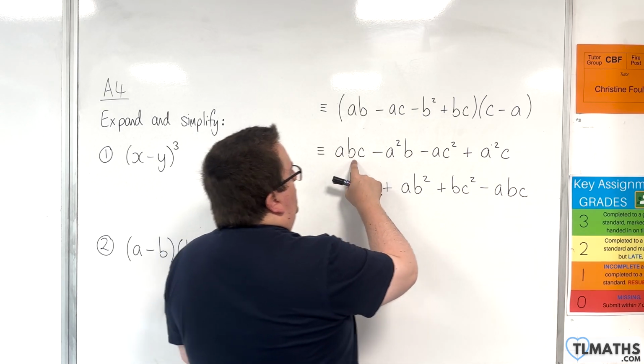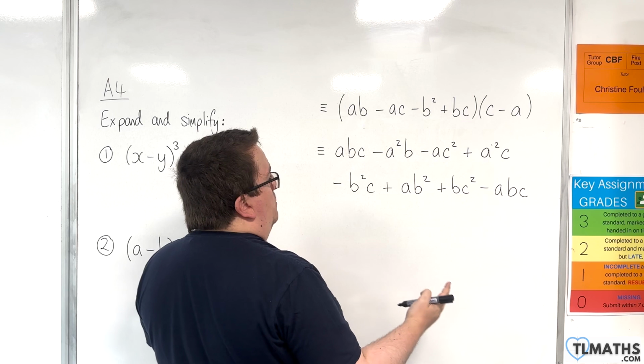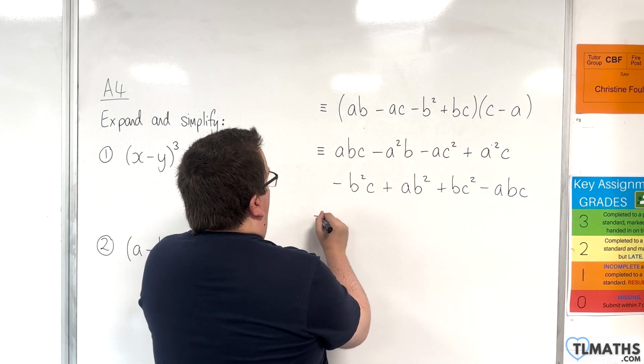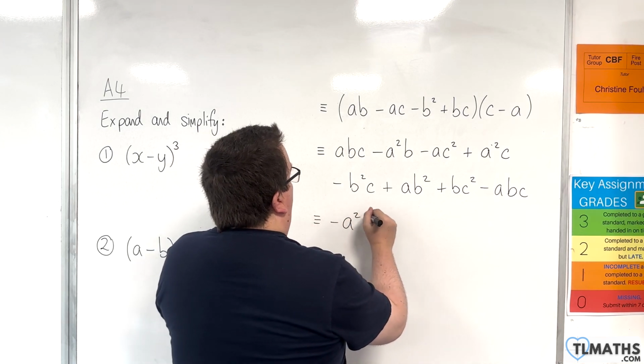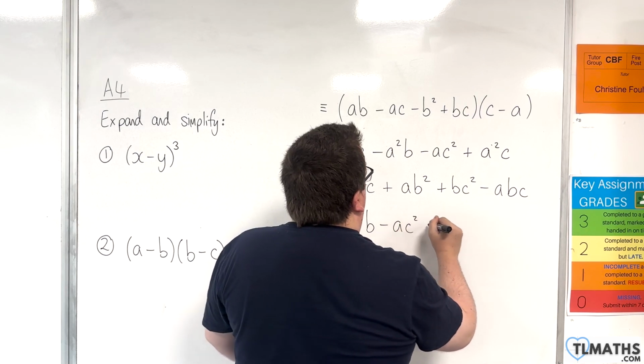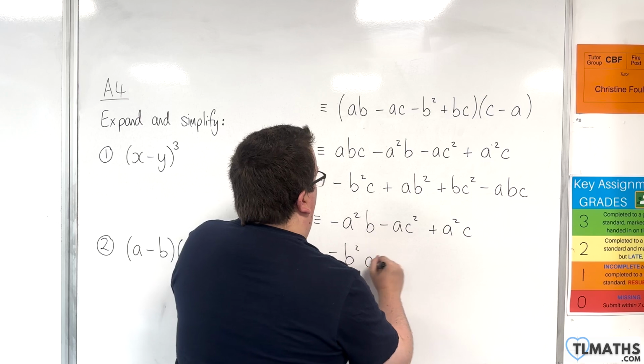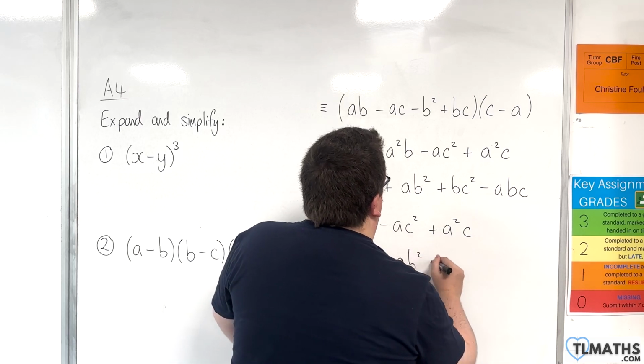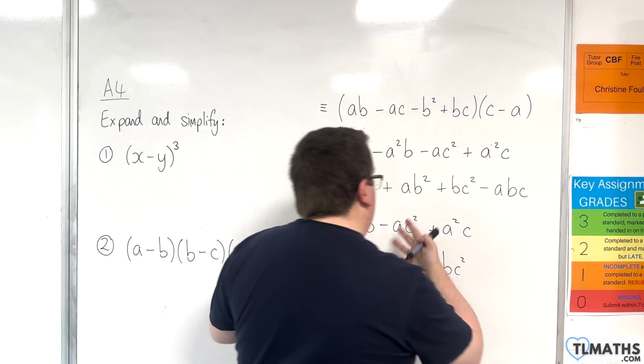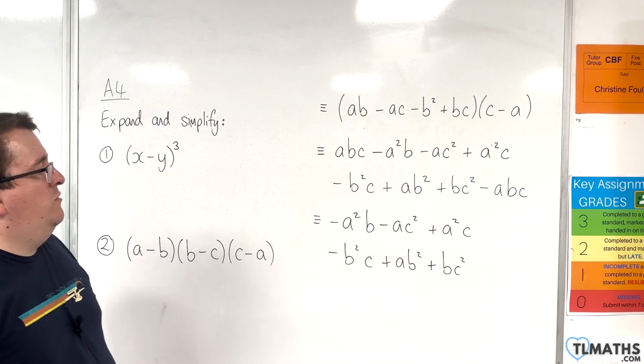So the only two are the abc and the minus abc, so they cancel each other out. So we've got minus a squared b minus ac squared plus a squared c minus b squared c plus ab squared plus bc squared. And that's as nice as I can write my answer.